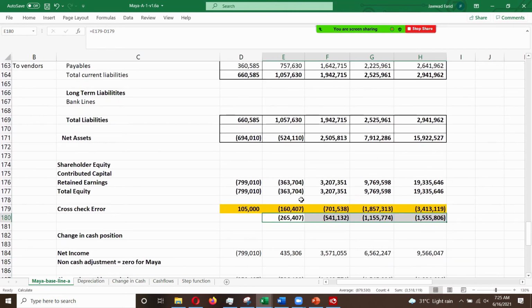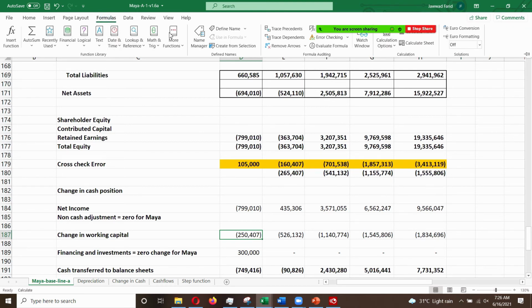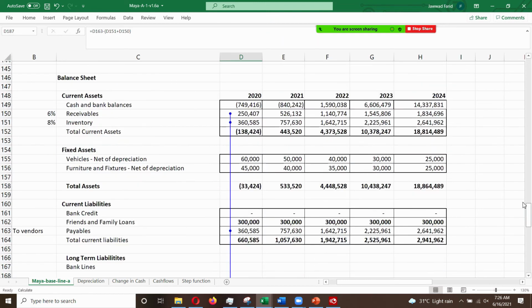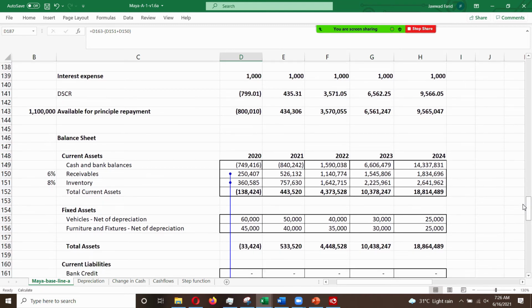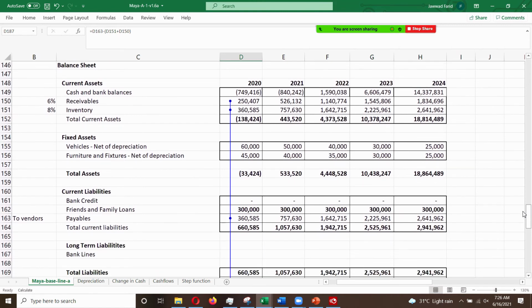And the reason why this component is coming in is, if you look at your change in working capital position, right? 250,407. If you trace this, what's happening here? So you've got receivables and you've got changes in inventory. Correct? Does that make sense?